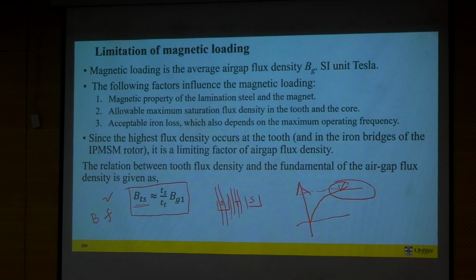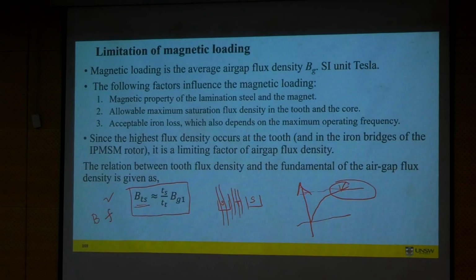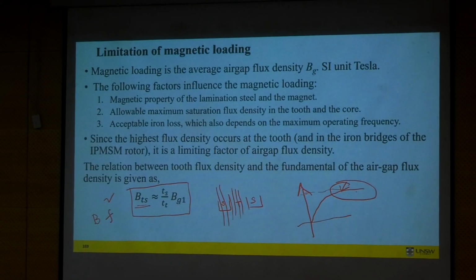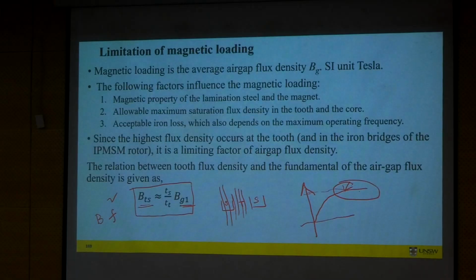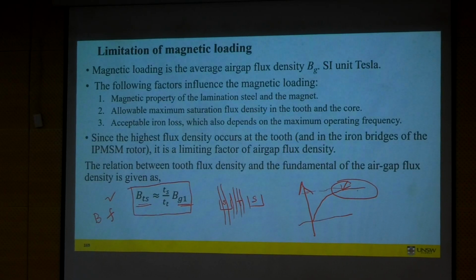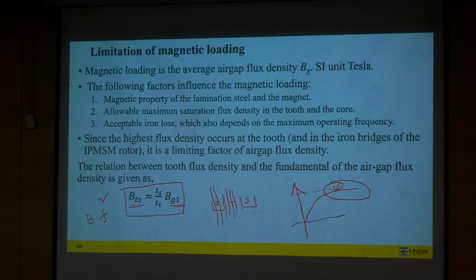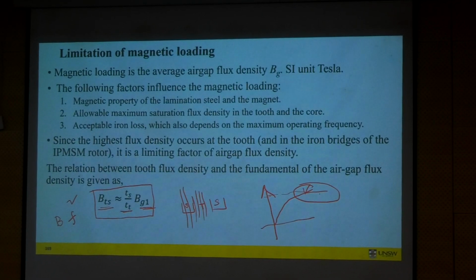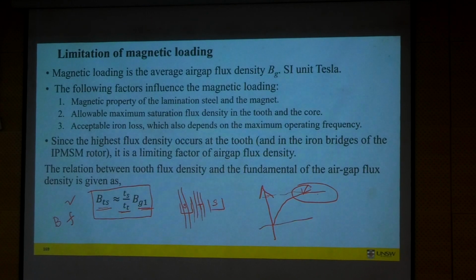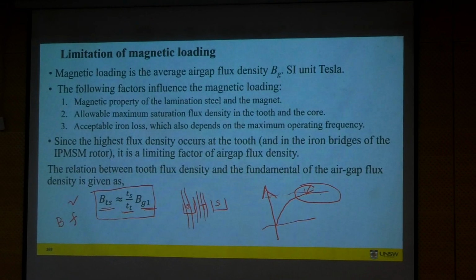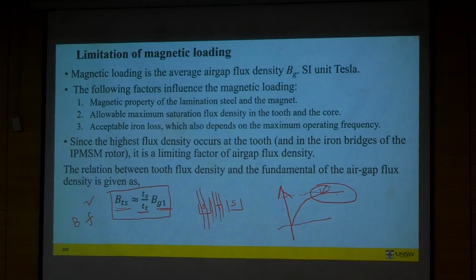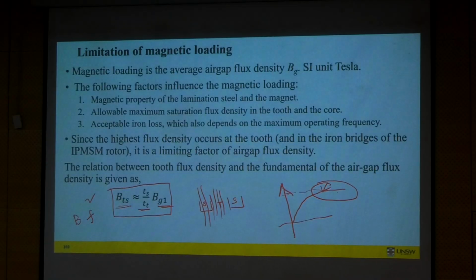And if it is exceeding the value that you can allow for the material based on its BH characteristic, that means either you have to reduce this B_g or you have to increase your tooth width. But then you have to reduce your slot size. Reducing slot size means your current density is affected, right? So it's all interlinked, all right?